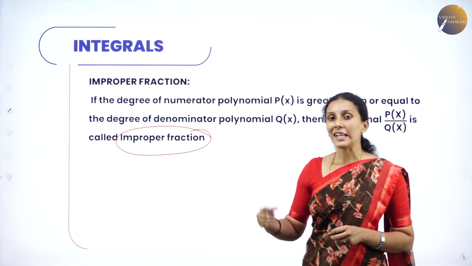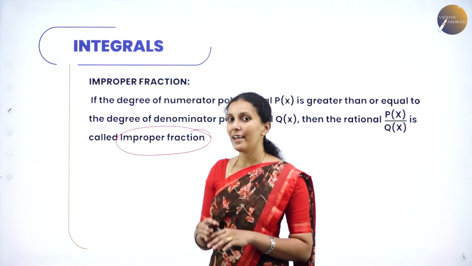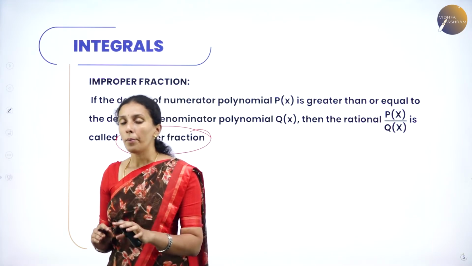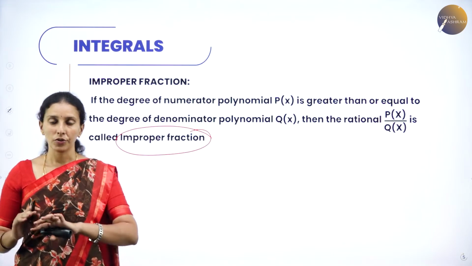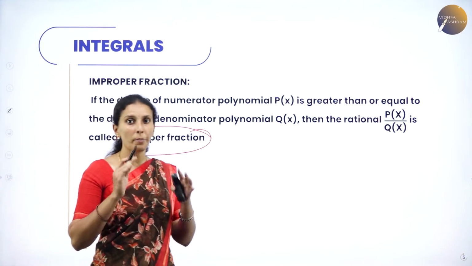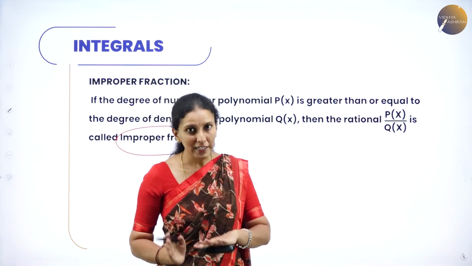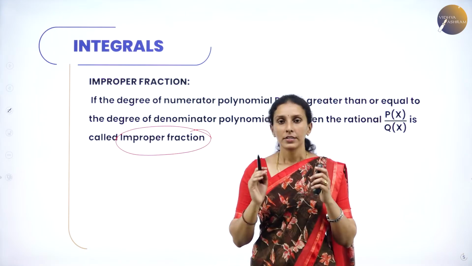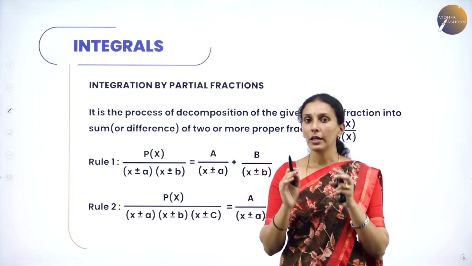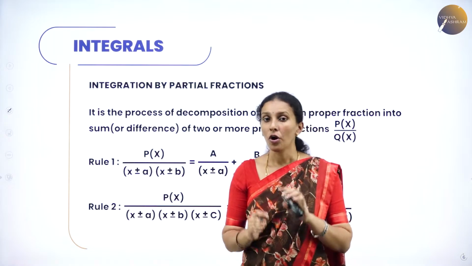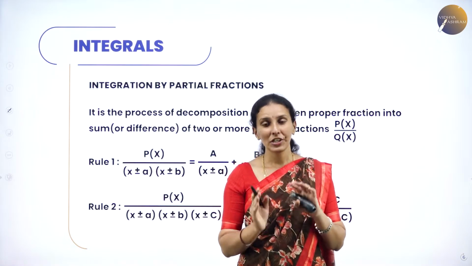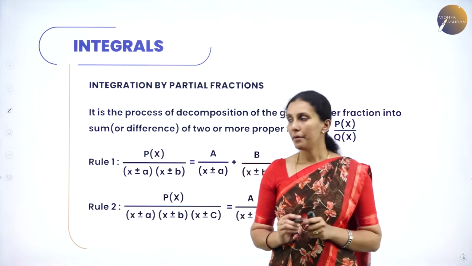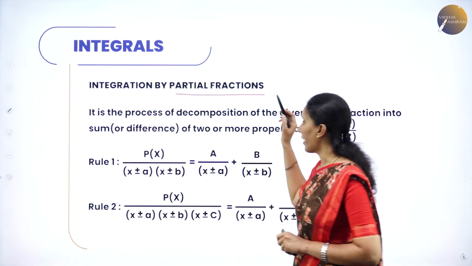So why is this necessary? Because we can resolve the proper rational function only. If it is in the form of an improper rational function, we will first convert it into a proper fraction and then we will resolve it. Resolving the proper rational function or proper rational fraction is done by partial fractions.